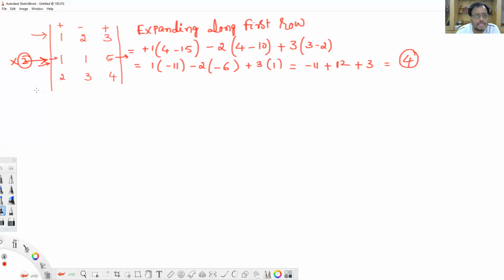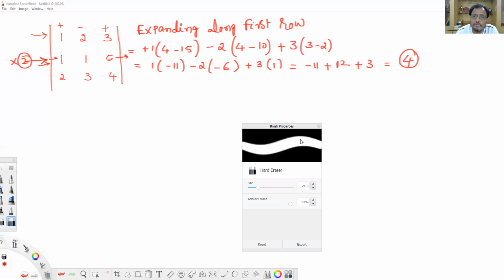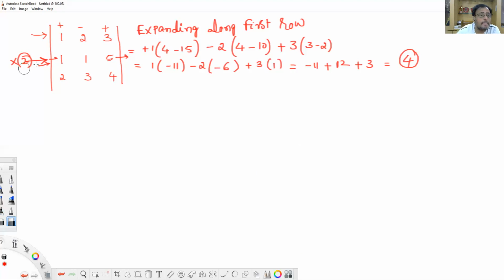Now I'm going to give you an example. In the second row, I've decided to multiply every element by, say, 3.